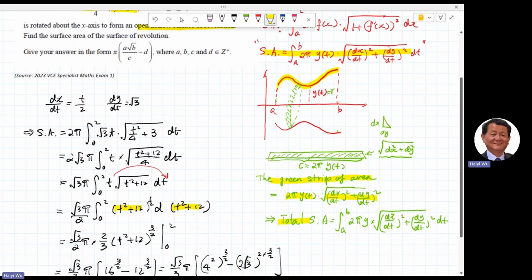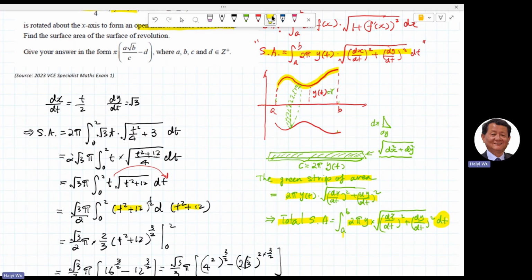So that little green strip has area 2 pi r times the width, the square root of dx squared plus dy squared. The total surface area is the integration from a to b of 2 pi r times that, and if I'm using a parametric function, with respect to dt.